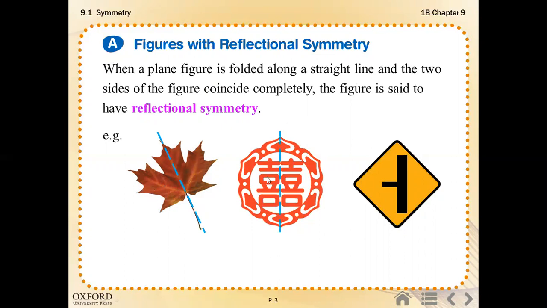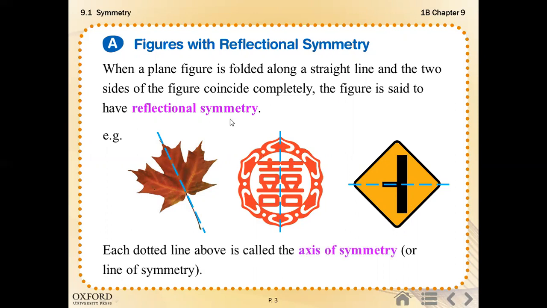So this figure is equal on left, right. And the last one, equal up, down. And they all have reflectional symmetry. The blue dotted line is called the axis of symmetry.